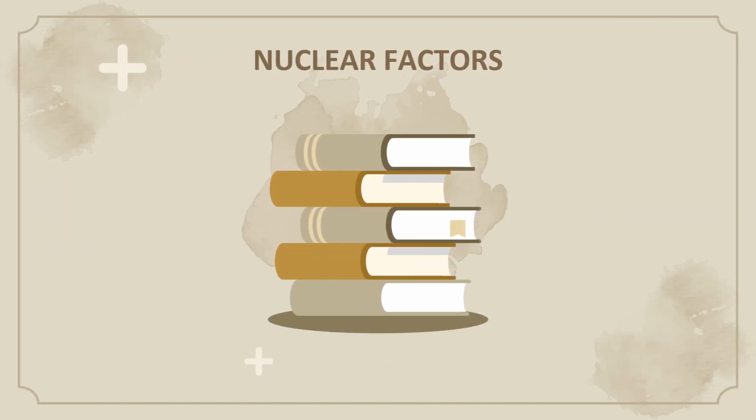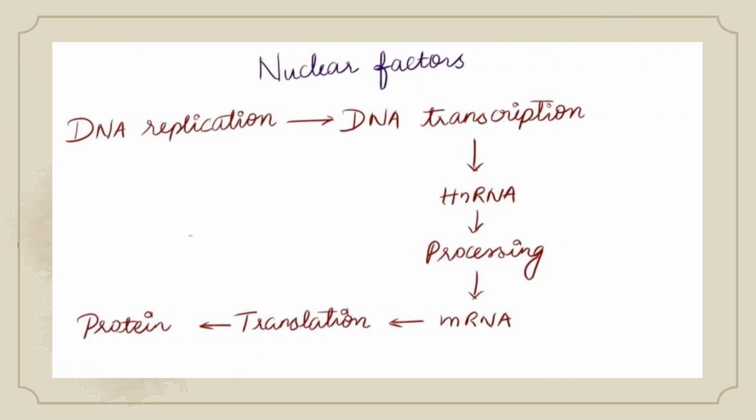So what are the nuclear factors involved in the development of the nucleus? We are going to look into that. Several nuclear factors are involved from DNA replication to the formation of the protein. They can be grouped into the genomic level, transcriptional level, post-transcriptional level and translational level. First, at the genomic level, there may be mutation or DNA methylation which affects the process.